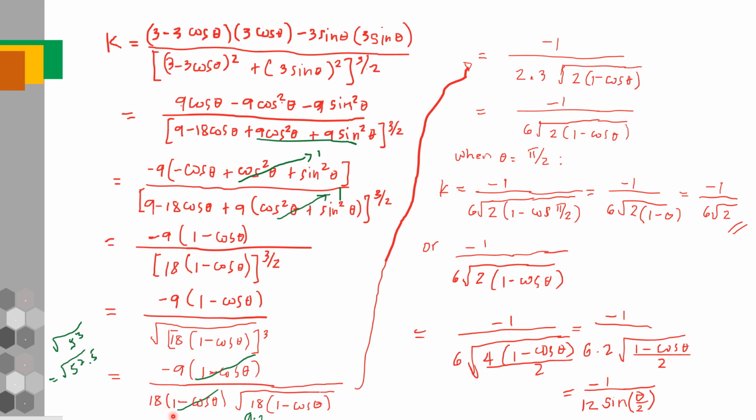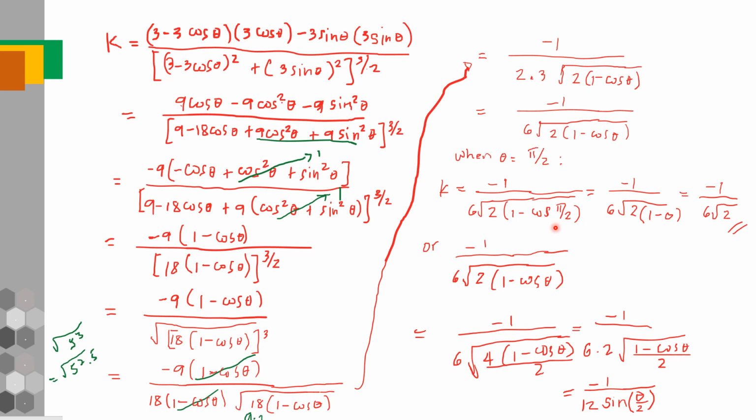Okay? And alam naman natin, itong 18 is just 9 times 2. So, lalabas yung square root ng 9, which is 3. Then, sa baba, mayroong natirang 2. So, mayroon tayong 2 times 3. Okay? So, ang gagawin lang natin is isi-simplify pa natin lalo. So, we have negative 1 over 6 times square root of 2 times 1 minus cosine theta. Okay. And again, sa previous slide, when theta is pi over 2, nakita natin yung curvature natin is a function of theta.